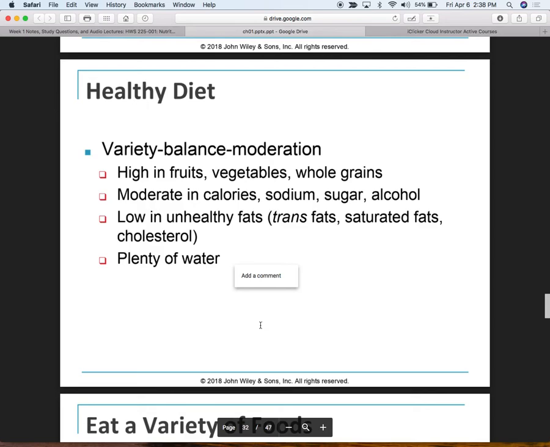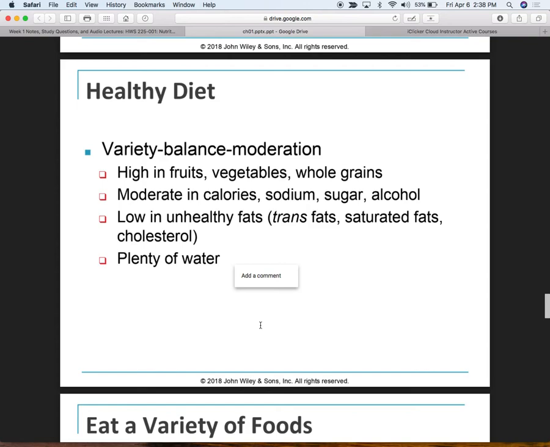Okay, so examples of healthy diet. We'll talk about this a lot more, but variety, balance, and moderation are the keys. Those of you that have started reading In Defense of Food, it's basically a different way of saying, what does he say? Eat mostly plants, not too much.